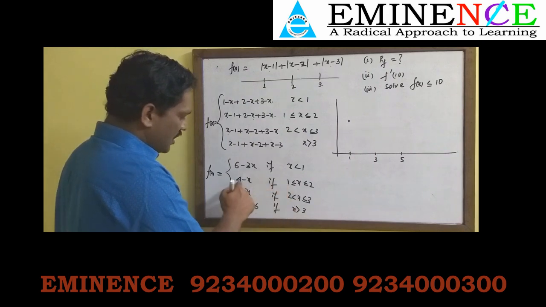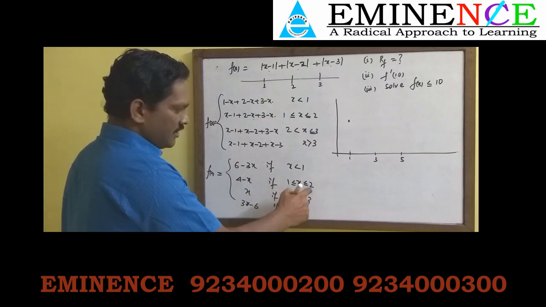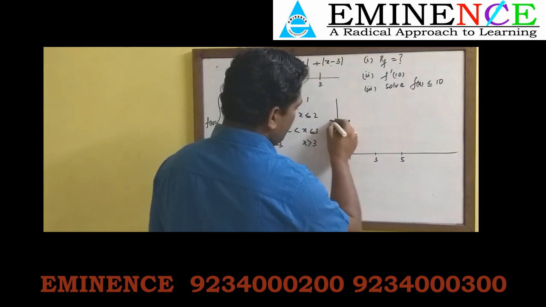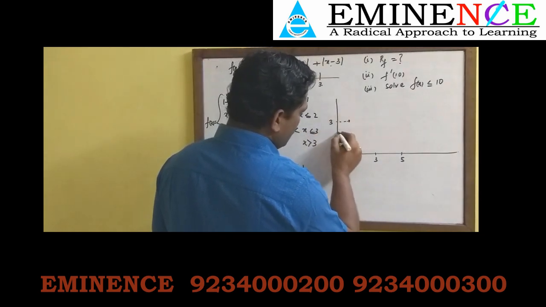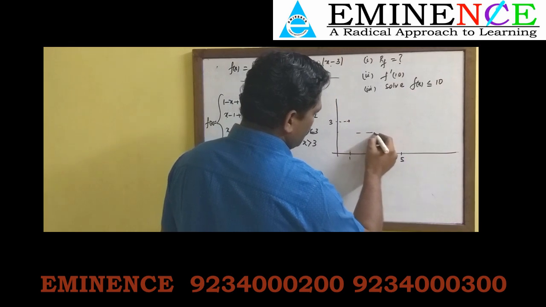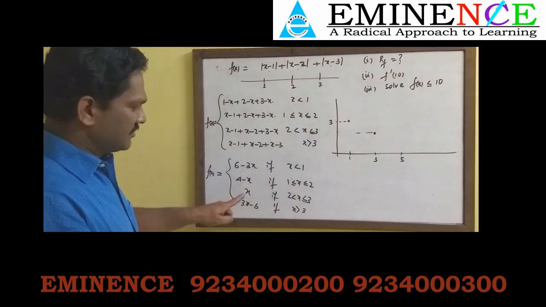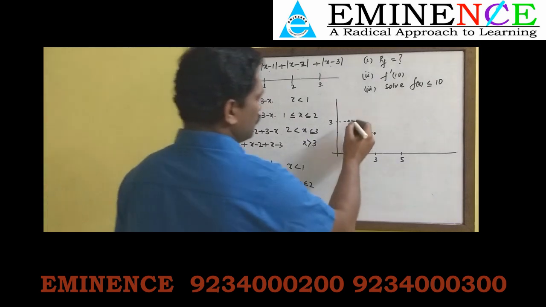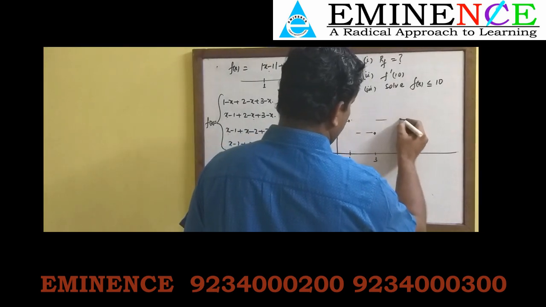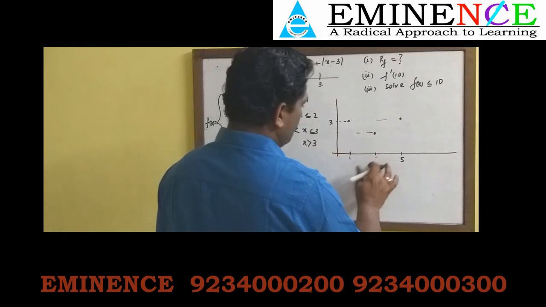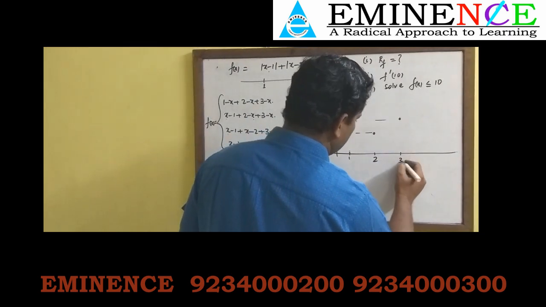So, this will start from (1, 3) and end at, if I put 2 here, 3. So, let us say 2 is here. So, (3, 2). If you put 3 here, that means this ends at 3. So, 1, 2 and 3.